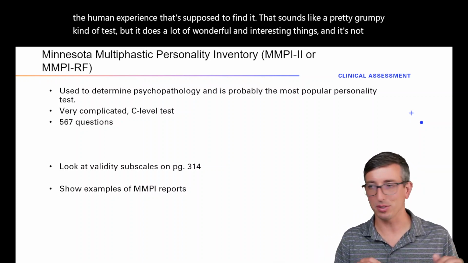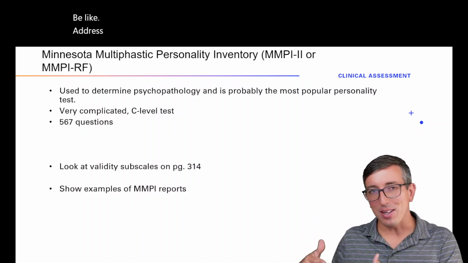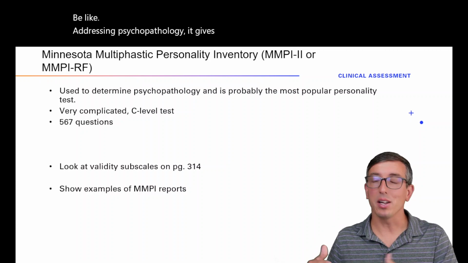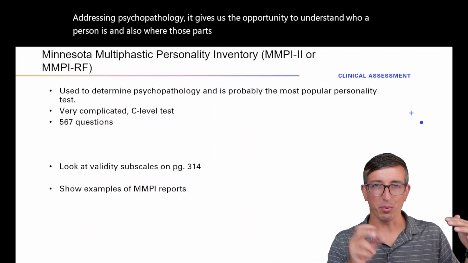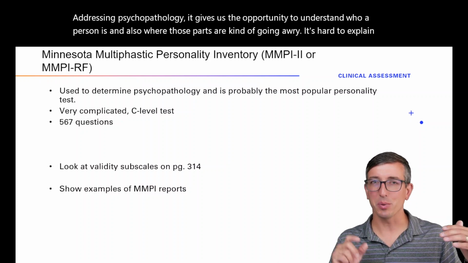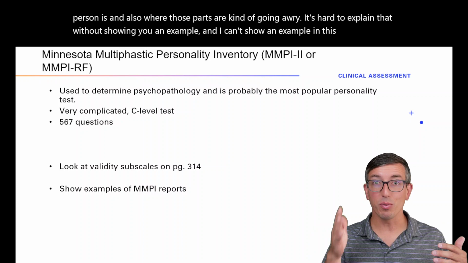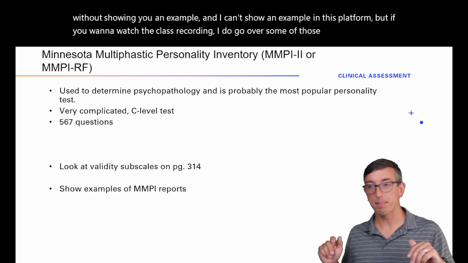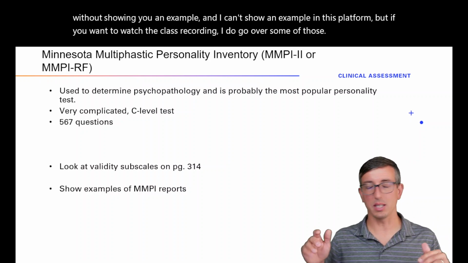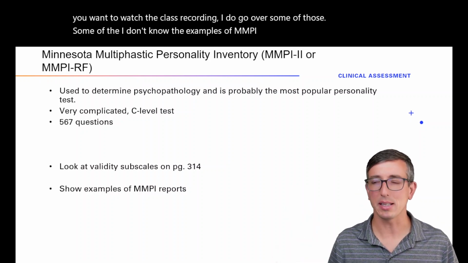And it's not just addressing psychopathology. It gives us the opportunity to understand who a person is and also where those parts are going awry. It's hard to explain that without showing you an example, and I can't show an example in this platform, but if you want to watch the class recording, I do go over some examples of MMPI results.